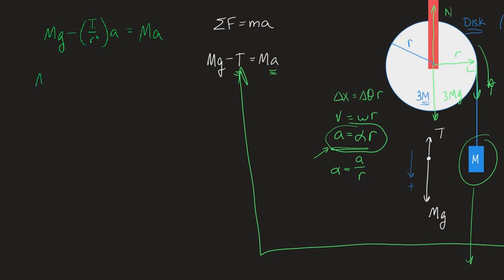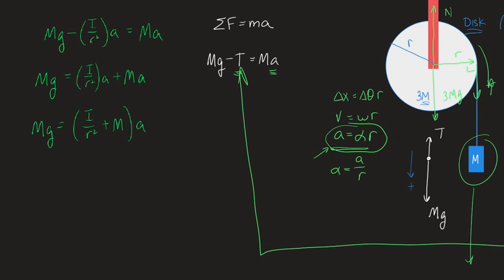So mg equals I over r squared A plus ma. I'm going to factor out the A's. mg equals I over r squared plus m, times A.